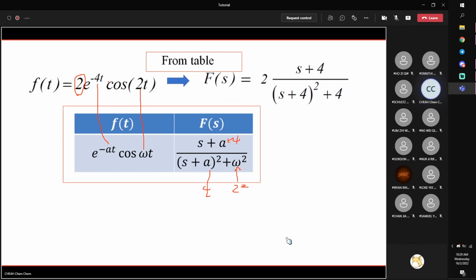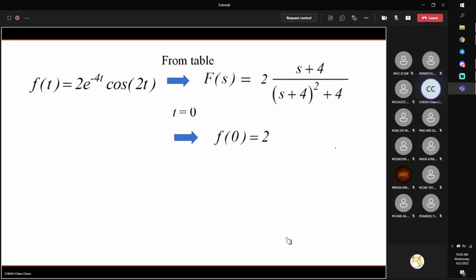To take the Laplace transformation of this, you can take the 2 out of your equation, correct? And then you just multiply by 2. Which means that the Laplace transformation of 2 times this is actually 2 multiplied by the Laplace transformation of this signal. And we get F(s), right?